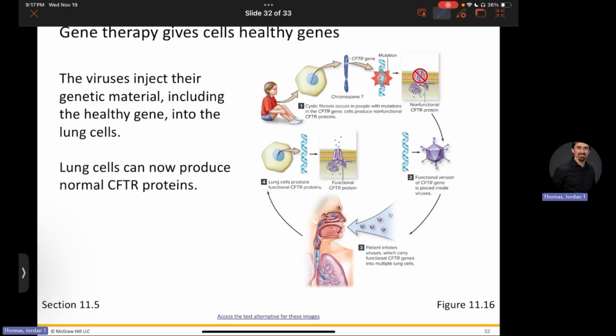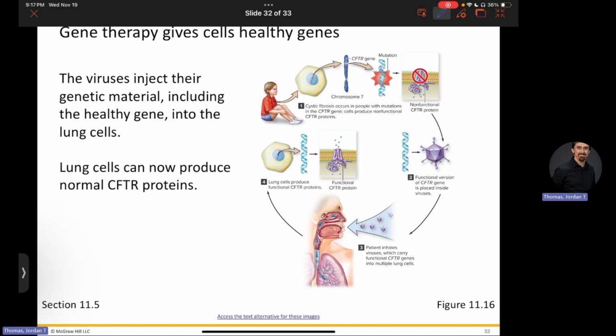Gene therapy gives cells healthy genes. The virus injects the genetic material, including the healthy gene, into the lung cells. The lung cells now produce a normal protein. So we take a virus, we put the healthy gene in it. We infect the patient with that virus.